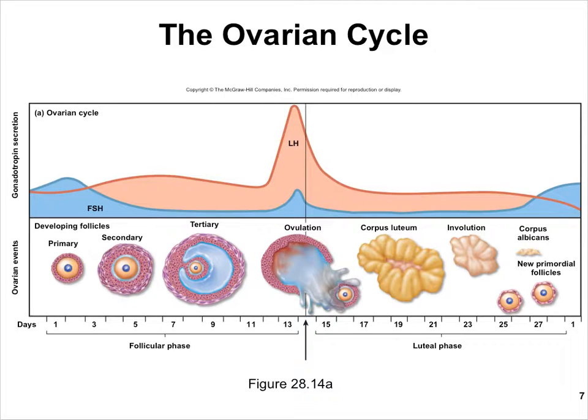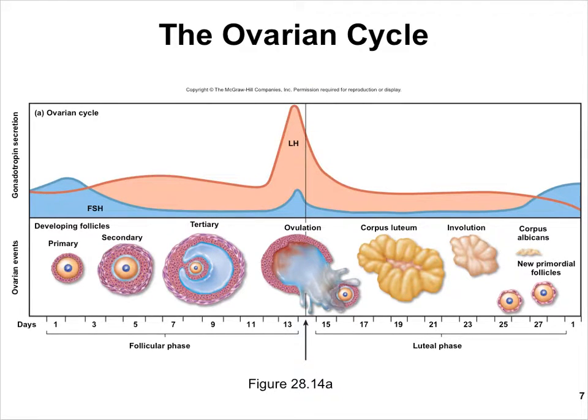All right, now let's talk about the hormones that are going on and controlling this entire thing. The ovarian cycle is dominated by basically two hormones, FSH and LH.